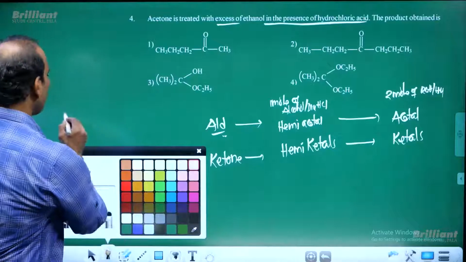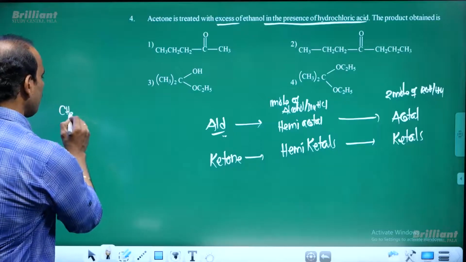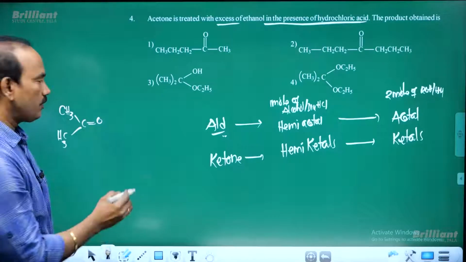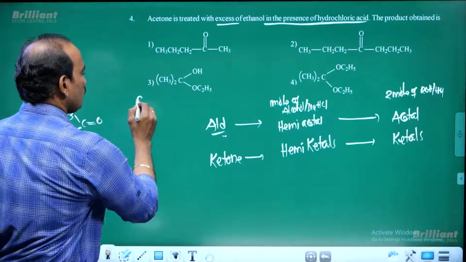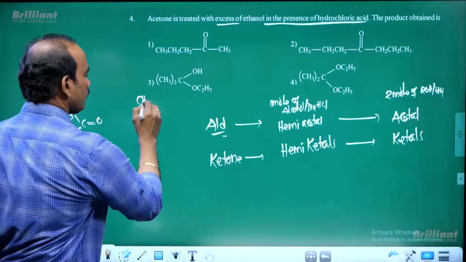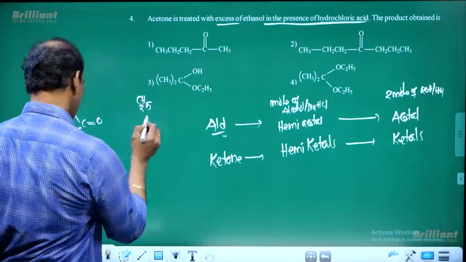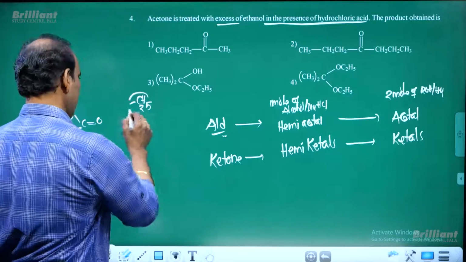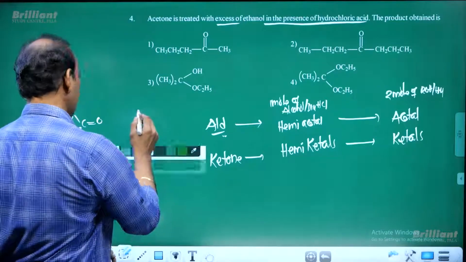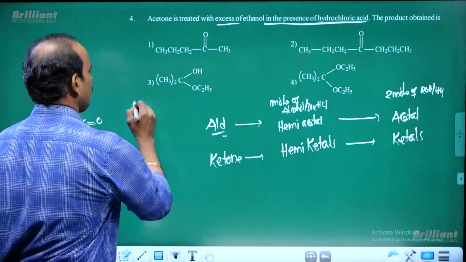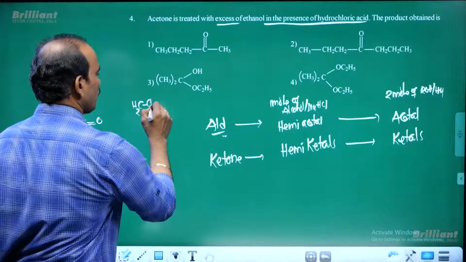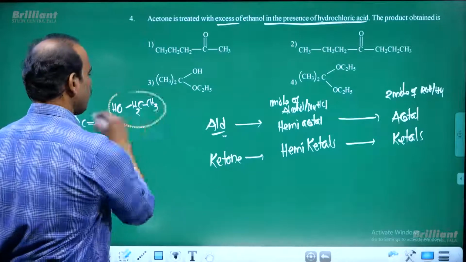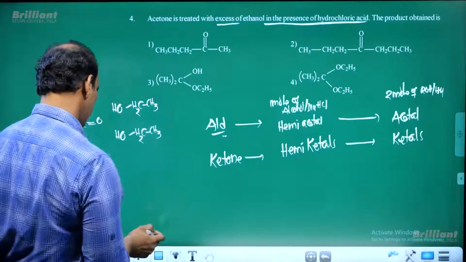Okay. Now this is acetone, CH3, C double bond O, CH3. Then ethanol, C2H5OH, that is CH2CH3OH. Similarly, this one.